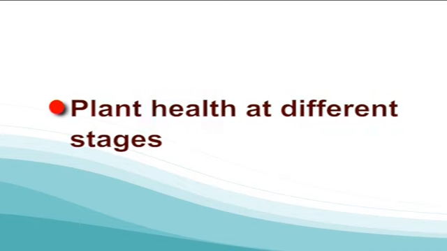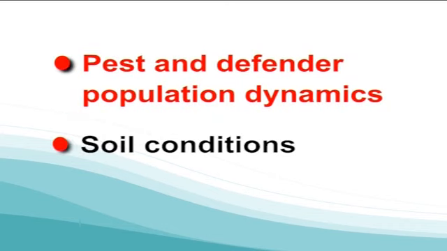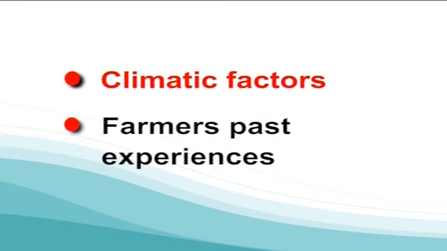Such a critical analysis of the field situation will help in taking appropriate decisions on management practices. The basic components of agro-ecosystem analysis are plant health at different stages, pest and defender population dynamics, soil conditions, climatic factors and farmers' past experiences.